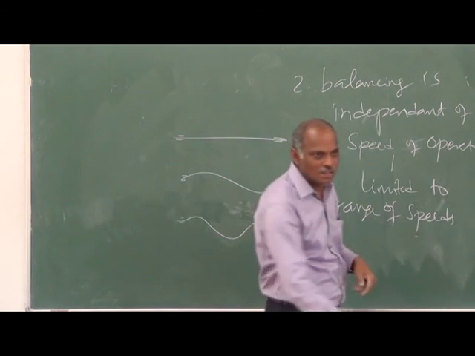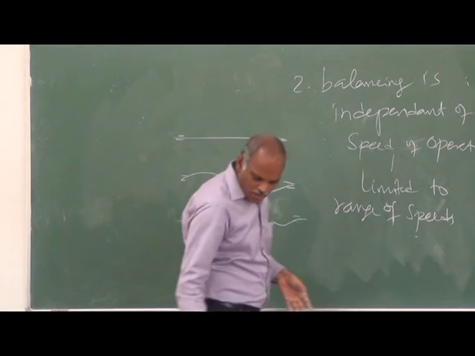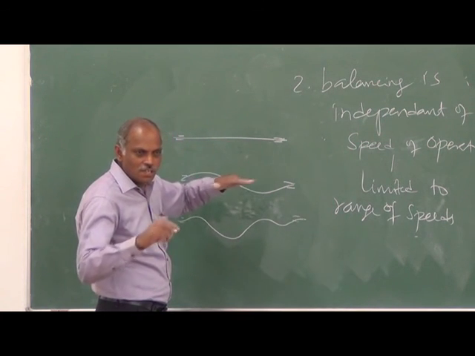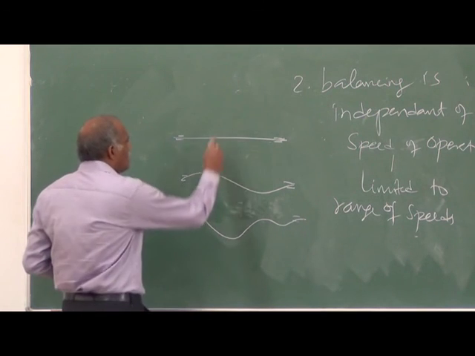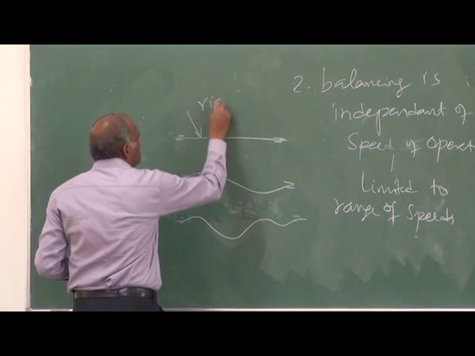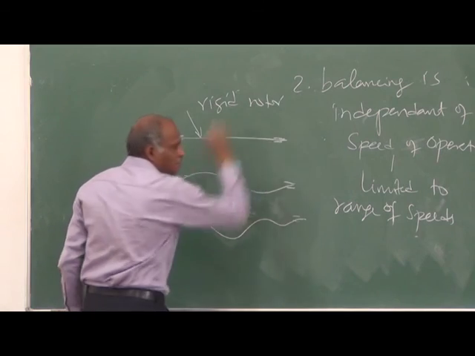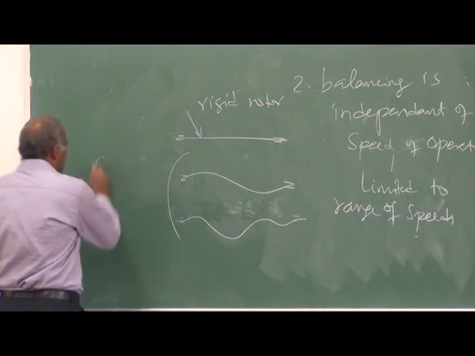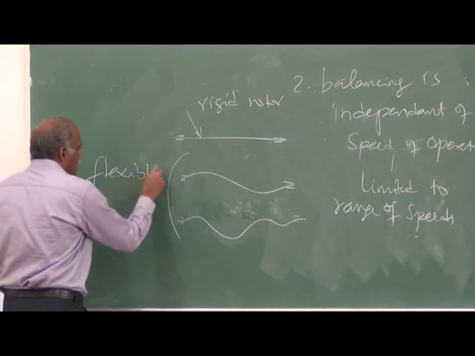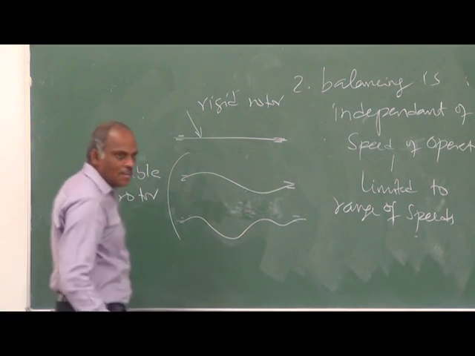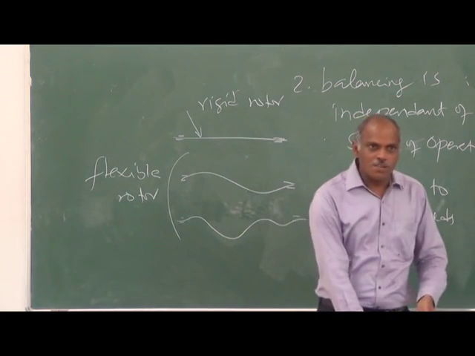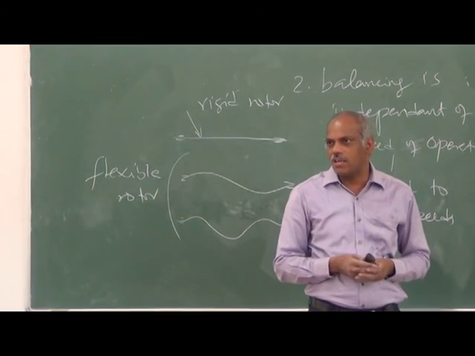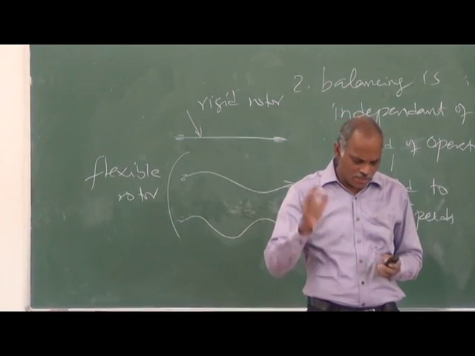We will discuss that in vibration. For the normal range where the shaft is not deflecting, it is considered a rigid rotor. Here these are called flexible rotors. Balancing of a rigid rotor and a flexible rotor are entirely different. Flexible rotor balancing is very difficult. With this we stop.